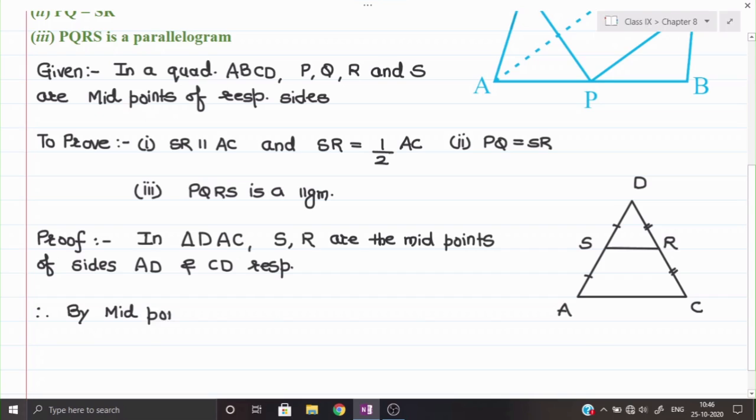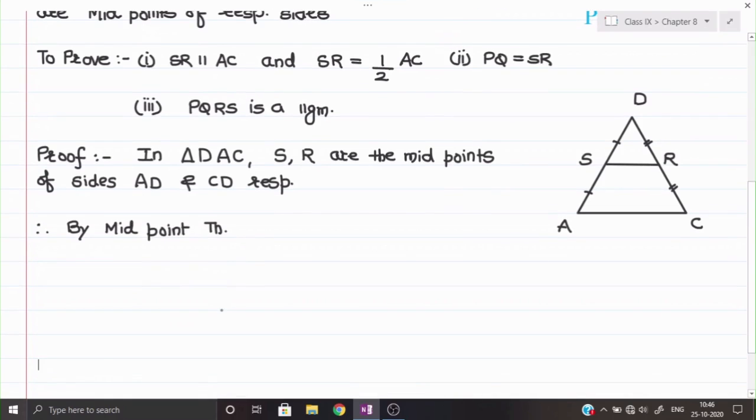By midpoint theorem, what can we say here? You know it now very well. By midpoint theorem we can say that SR, the line joining the midpoints, will be parallel to the third side. Who is the third side here? AC. And it will be half of the third side as well.